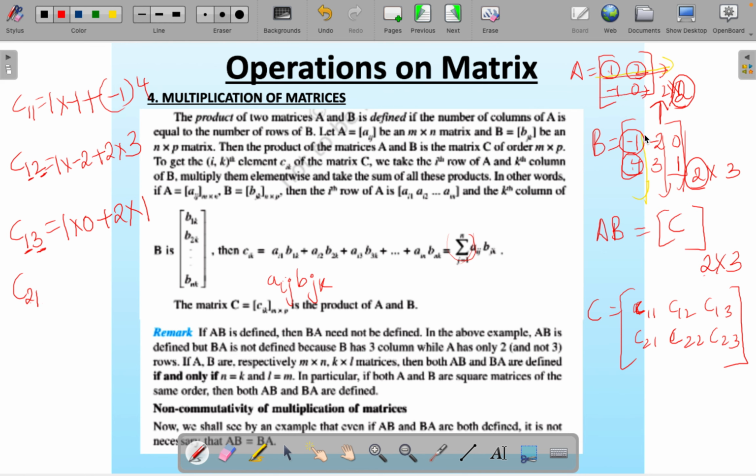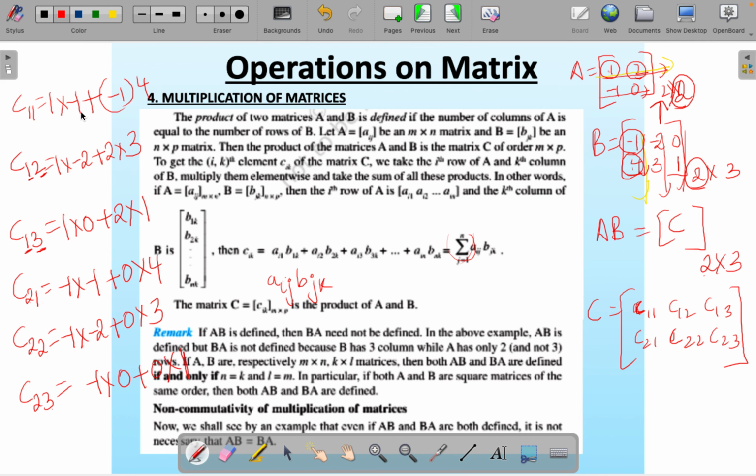So minus 1 into minus 1 plus 0 into 4. Then C22, second row, second column: minus 1 into minus 2 plus 0 into 3. Then C23, read again: second row, third column. So minus 1 into 0 plus 0 into 1.